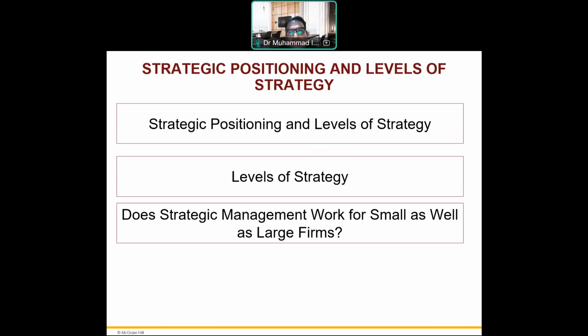Then the second topic is levels of strategy, and the third is whether strategic management works for small firms, I mean small companies, as well as for large companies. Anyway, let's see the positioning first.